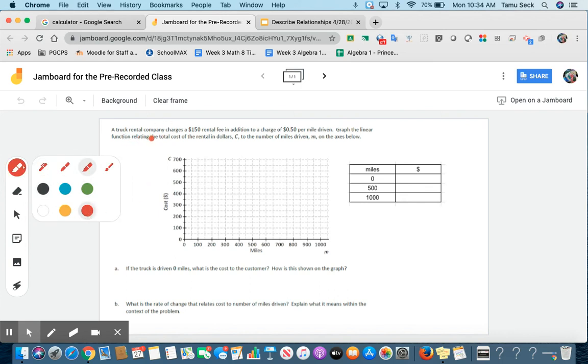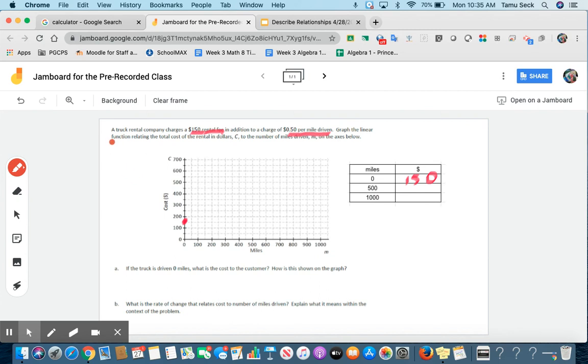So let's graph that. The $150 rental fee is right here. And so at 0 miles, the truck rental company charges $150. Okay, and then let's see where it is at 500 miles and 1,000 miles.